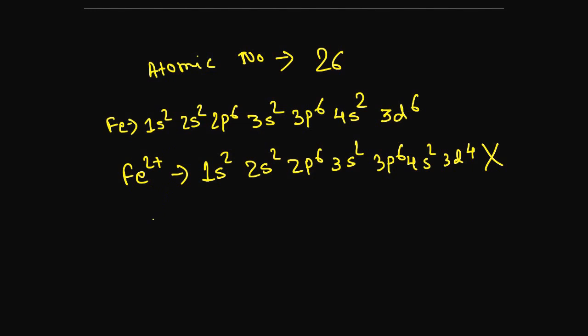So why does this not happen? A very important thing you need to know here is, before filling of electrons, 4s has lower energy compared to 3d. But when electrons are filled, the energy level changes. Now, when the electron is filled, 4s will have higher energy compared to 3d. Let me write it down.